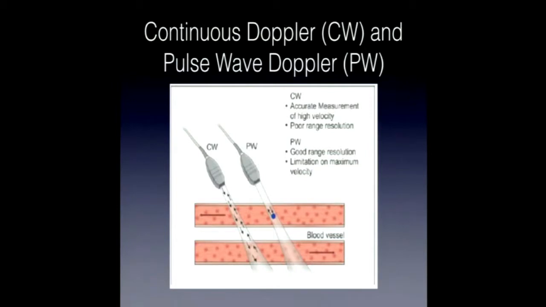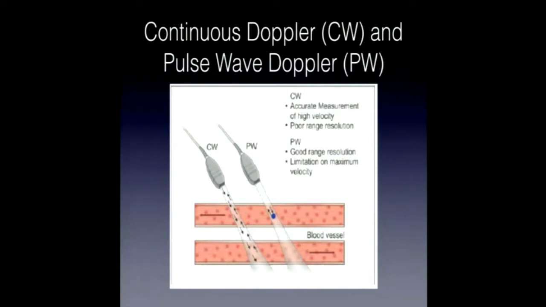With pulsed wave Doppler, there's a little blue dot there on the right in the image, and that's our gated sample space, if you will. What it's going to do is send out a pulse, and it's going to close its ears until a certain time period later when it thinks, from that depth I should be receiving information about now, and it'll listen at exactly that point.